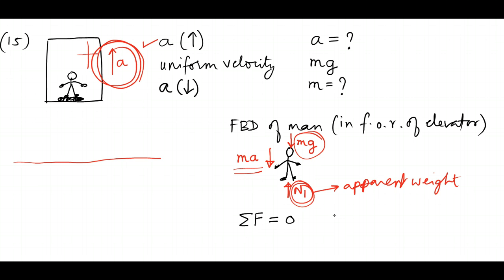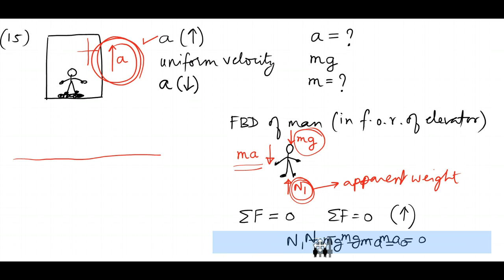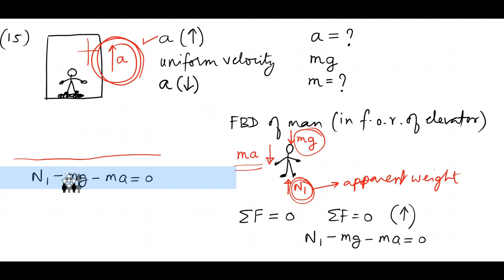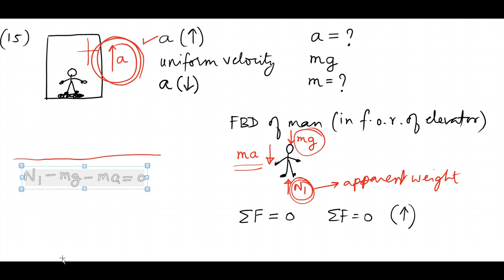And so when we apply sigma F equal to 0, let's say in the upward direction, what we get is N1, the upward force, minus mg, because mg is the downward force, minus m times a, equal to 0. And since we want to use this equation later on, I just transfer the equation to a safe place over here, and I call it equation number 1.